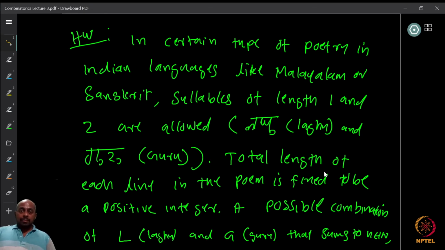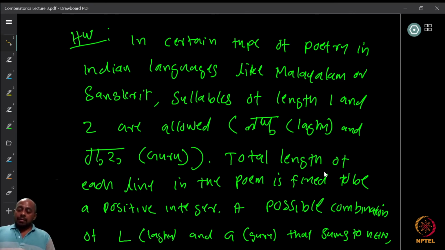Whatever syllables you use, the total should be of length 5. So you can have maybe 5 Laghus, or you can have 2, 1, 1, 1, or 1, 2, 1, 1, or 2, 2, 1, etc. All these possible lengths are allowed.